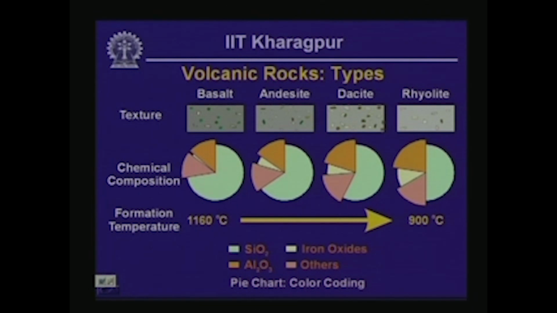The typical textures are indicated at the top of this particular cartoon, and the crystalline material in these textures is indicated by polygons, and the background gray material is essentially non-crystalline matter.